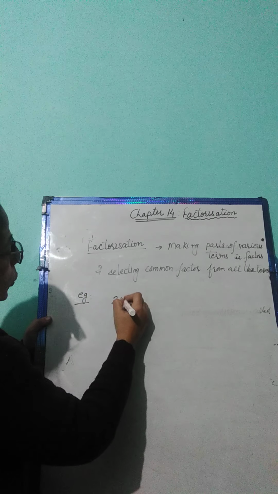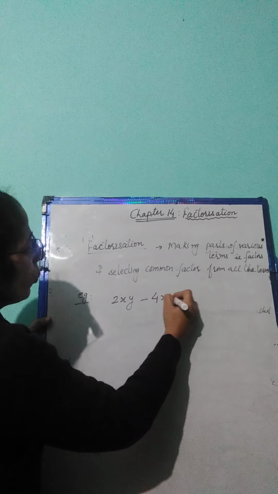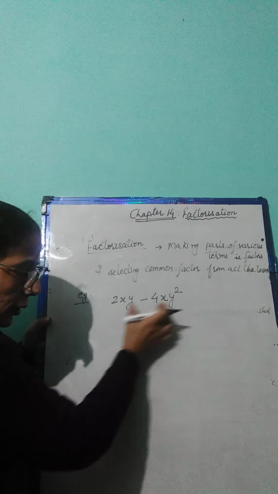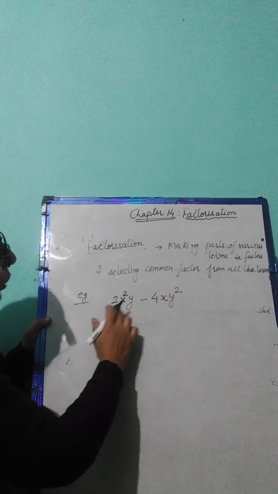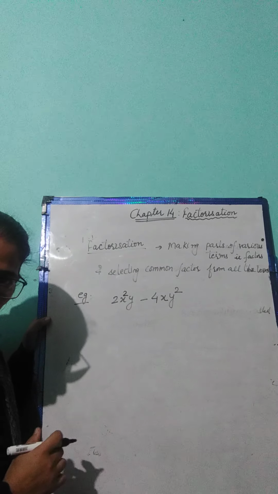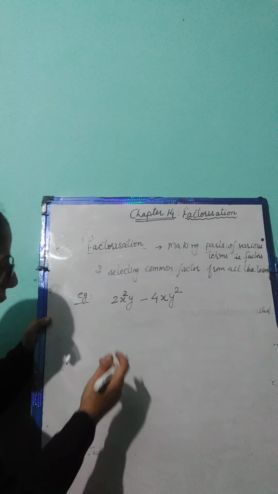For example, if I have 2x square y minus 4xy square. This is one term, this is the other term. I have to select all the common factors.